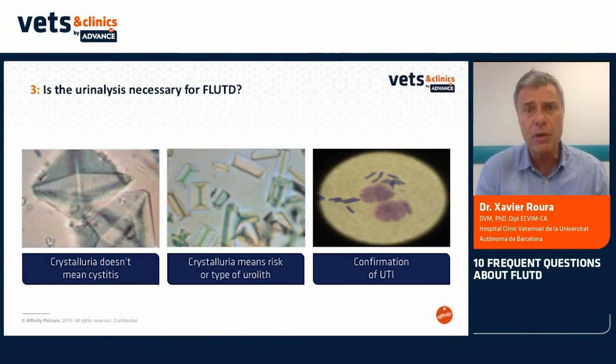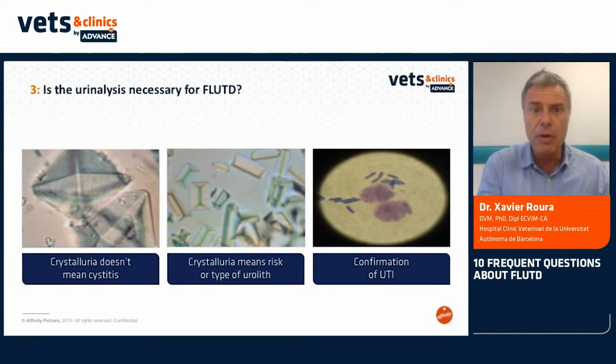But we need to remember that in feline lower urinary tract disease, the presence of crystalluria doesn't explain the clinical signs, because crystalluria cannot produce hematuria. Uroliths produce hematuria. Uroliths produce dysuria, but crystalluria in general doesn't produce these clinical signs.